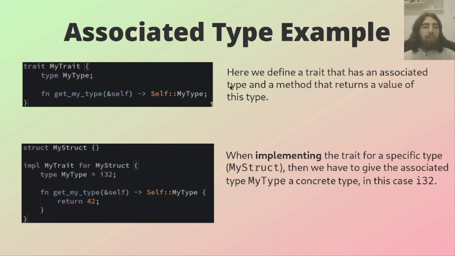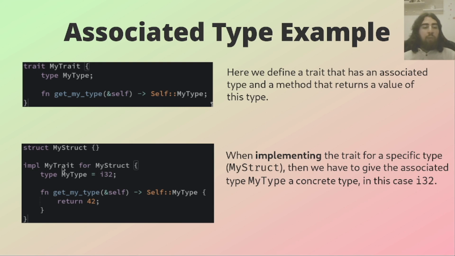Let's see an example. We have here the MyTrait, and this has an associated type called MyType. And as you can see, we can then use this associated type over here in the methods we are defining in the trait. So we here, for example, define that the return type should be of type MyType. Meaning when we implement this trait for a concrete type, like for example MyStruct, then we have to define the concrete type.